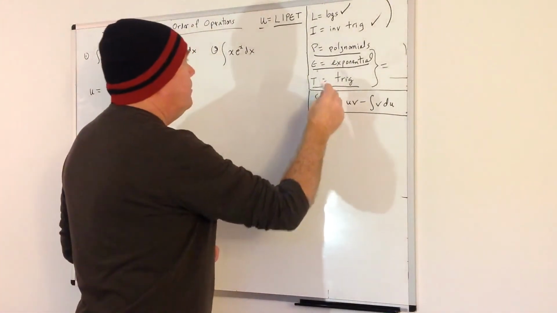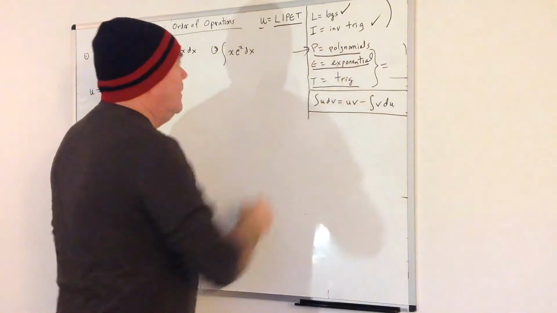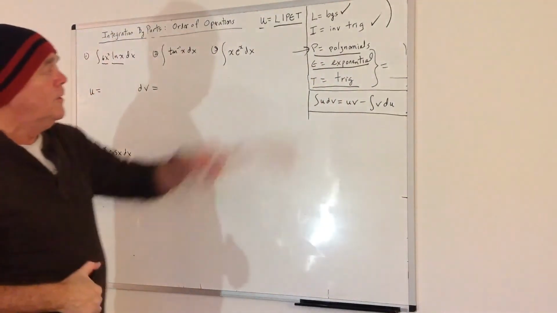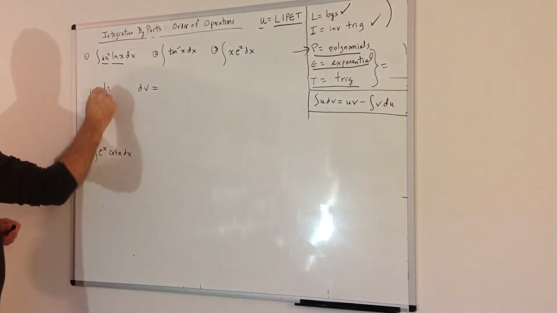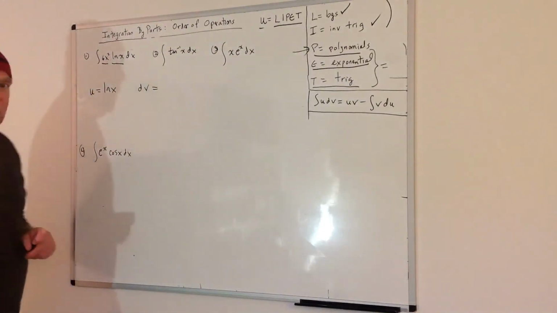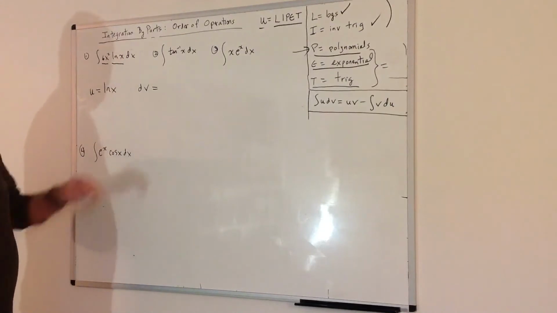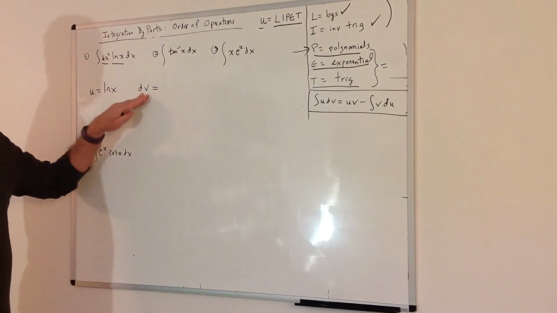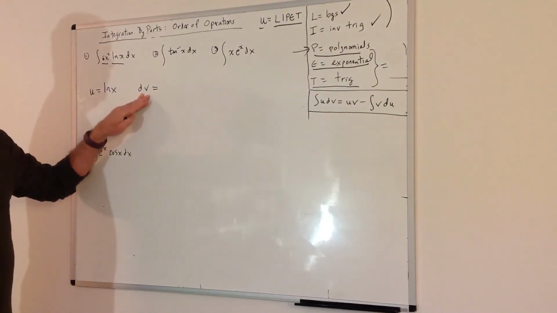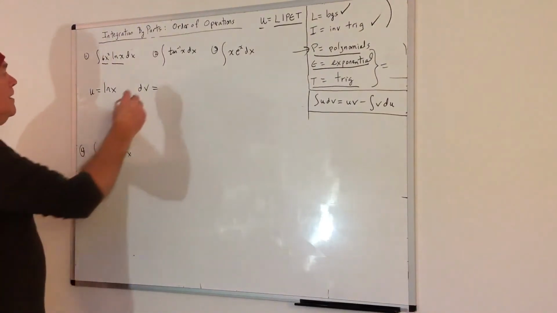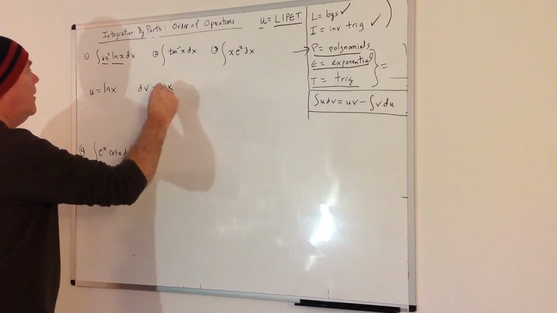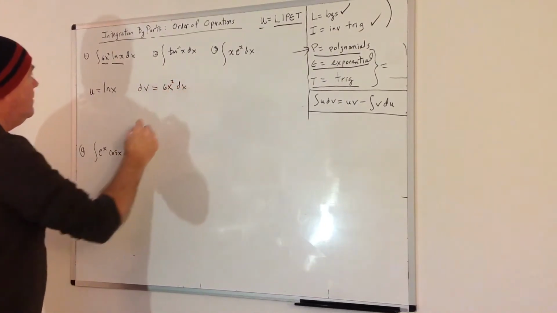Well, polynomials are way down on the priority list, so logs are number 1, so we let u equal the natural log of x. Part of the reason for letting u equal the natural log of x is because if we let dv equal the natural log of x, that's a tough one to integrate. So that means dv is what's left, 6x squared dx.